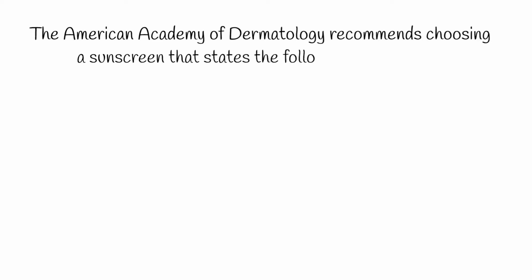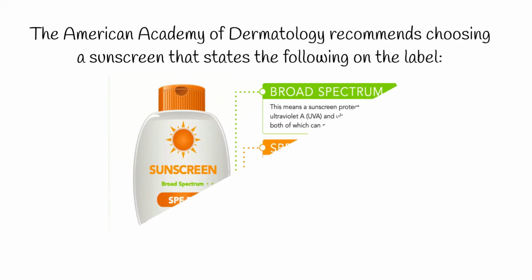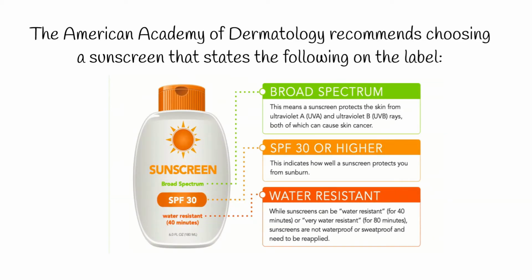Slap on sunscreen. The American Academy of Dermatology recommends choosing a sunscreen that states the following on the label. Broad spectrum: this means the sunscreen can protect your skin from both UVA and UVB. This is important because both UVA and UVB can cause skin cancer.